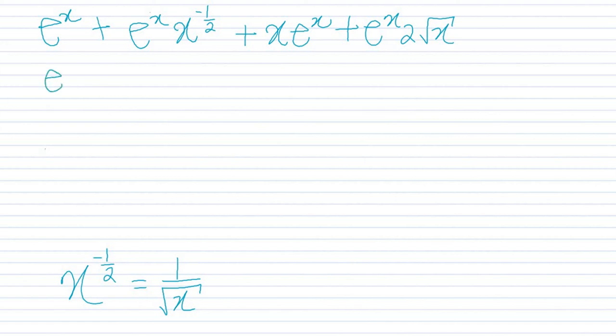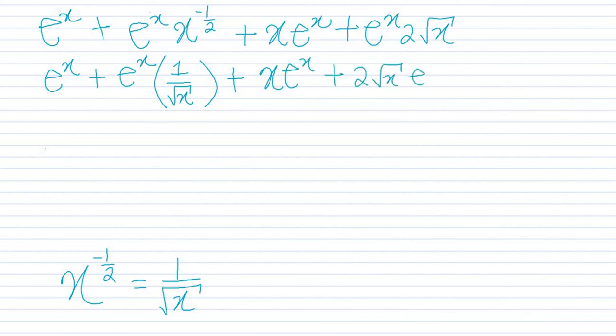So e to the x plus e to the x. Now, x raised to the power negative 1/2, I've explained it here, is the same thing as 1 over the square root of x, plus x e to the x here, plus 2 root x e to the x.